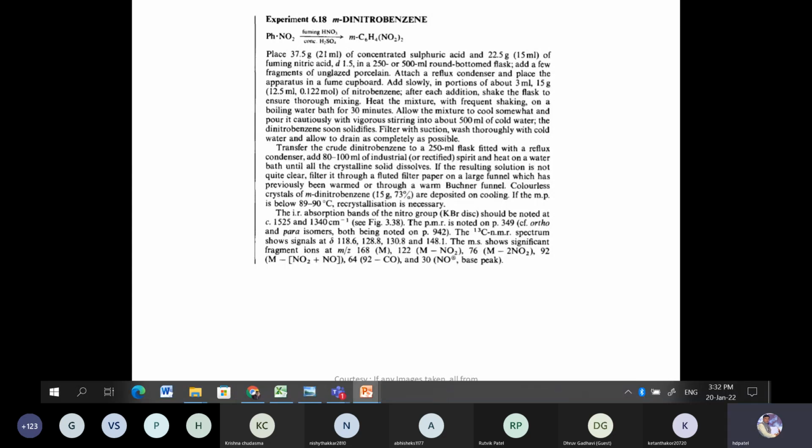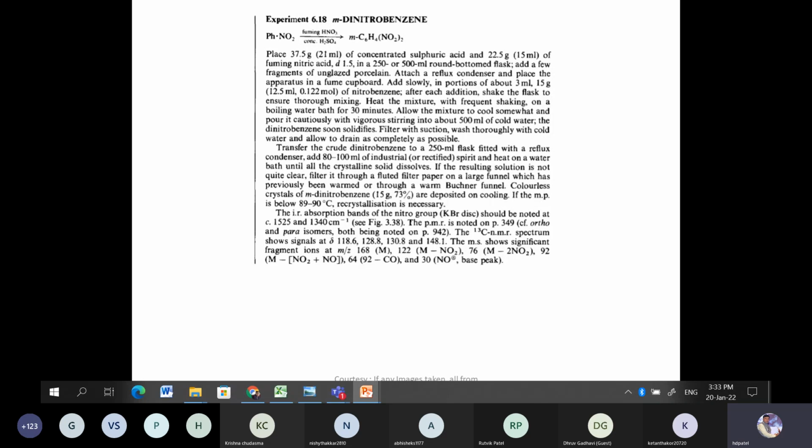If the product is not formed, then you will not find a particular melting point. Second thing, if impurities are there, then also the melting point is not proper. So it is required that we purify the reaction mixture by a proper recrystallization method and collect a pure product, and then after that we can go for further analysis.